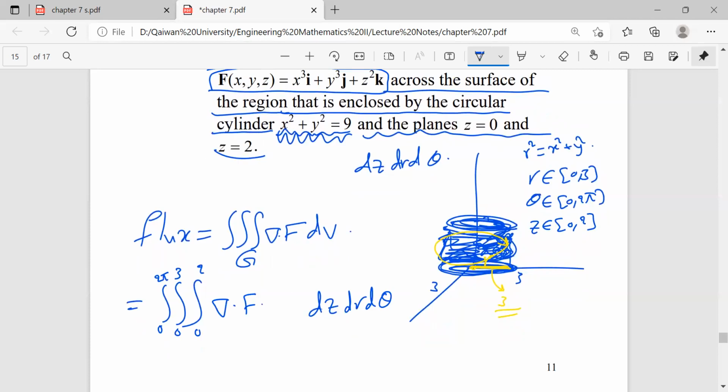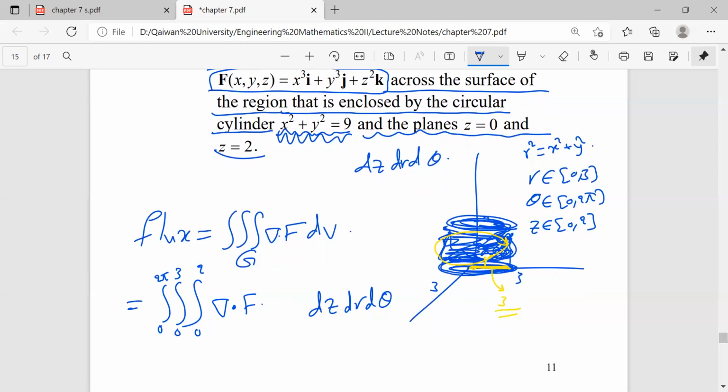We find the gradient for the vector field. Grad dot f means partial of f by partial x plus partial of f by partial y plus partial of f by partial z. This is a dot product.